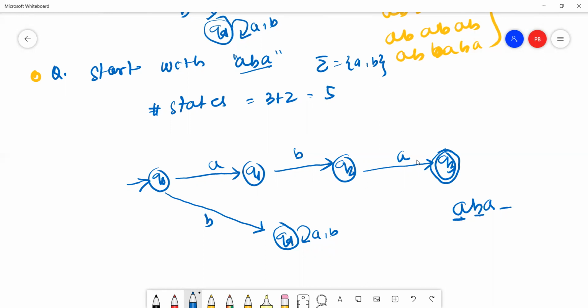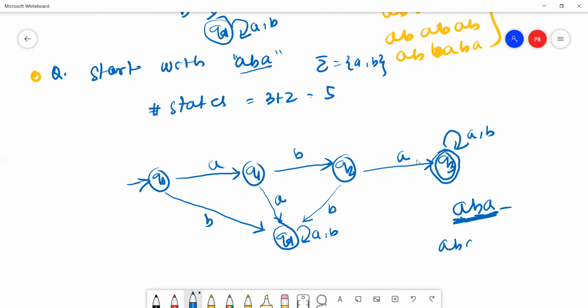If the second alphabet is A, it goes to the dead state, because the second must be B. The third alphabet must be A. If it is B, it goes to the dead state. The final state has a self loop of A and B, because any number of A's and any number of B's may come after ABA.